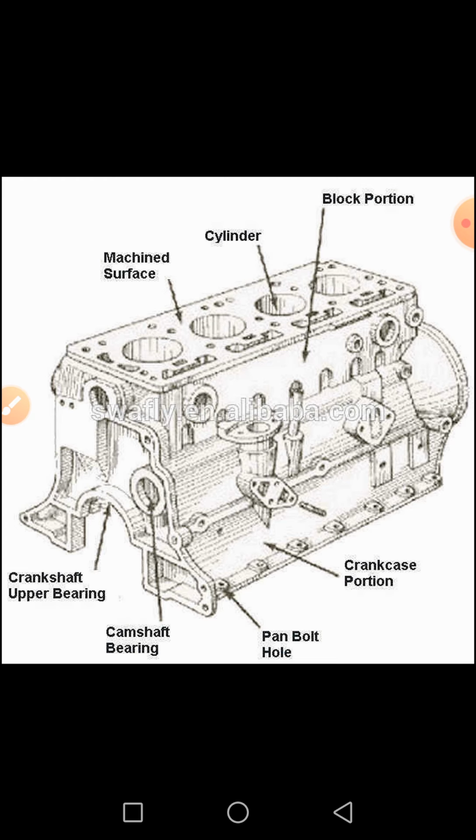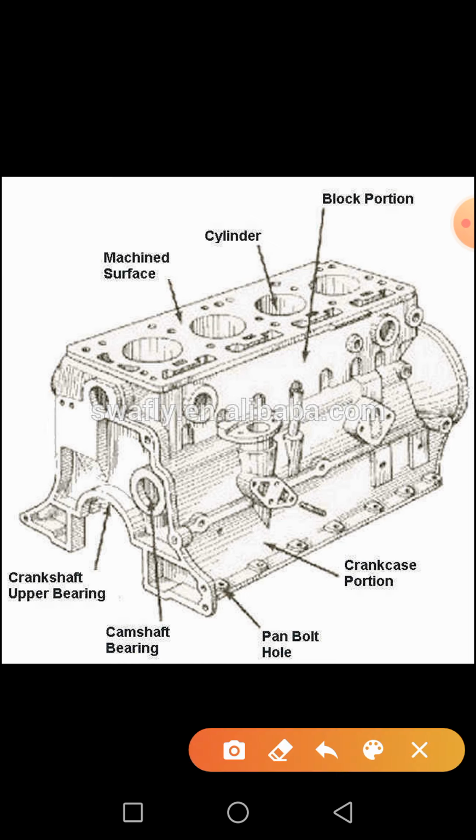The lower part of the cylinder block is known as the crankcase. As you can see, this portion of the cylinder block is known as crankcase. The function of the crankcase is to provide support for the main journals and bearings of the crankshaft.